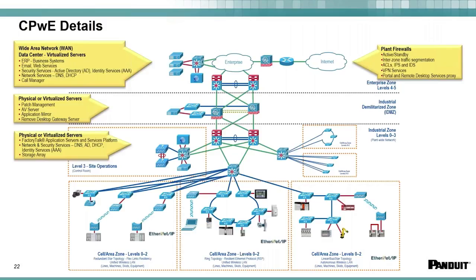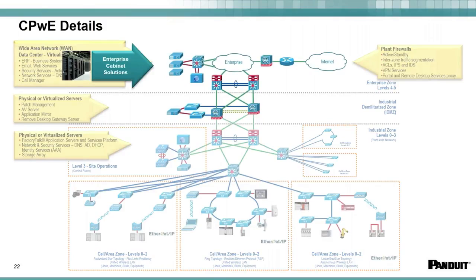And then for the industrial distribution, where we have a real high density of devices, we show using a distributed type solution with the network zone enclosures, and oftentimes going into the control panels themselves.